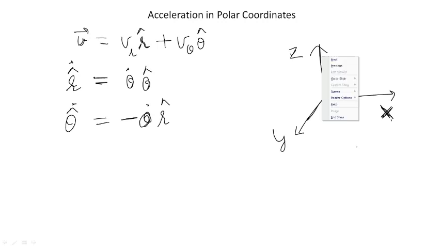There is a point P. The unit vector along x-axis, let us say it is I, the unit vector along y-axis is J, and the unit vector along z-axis is K.